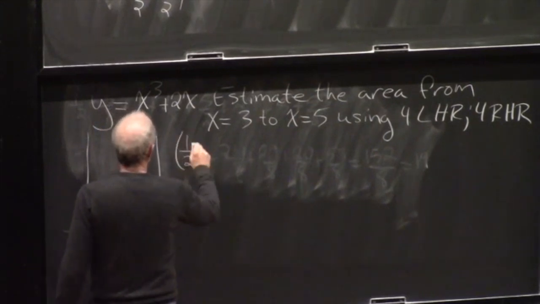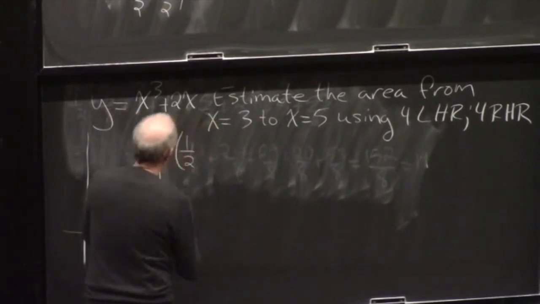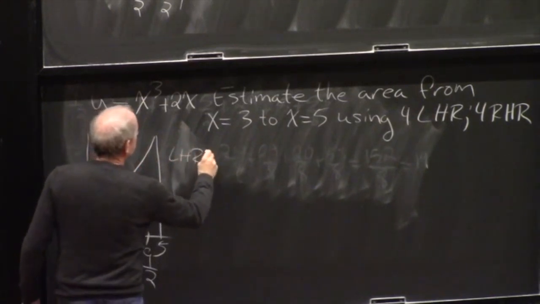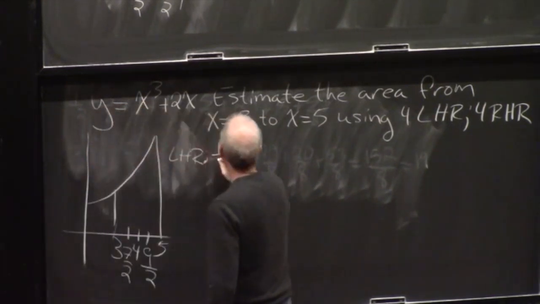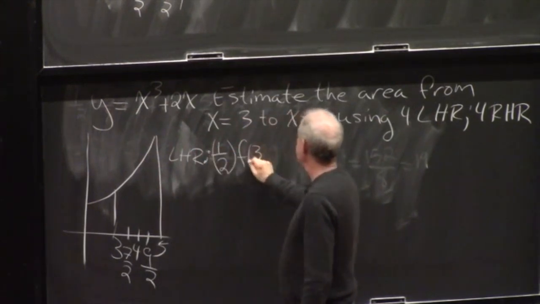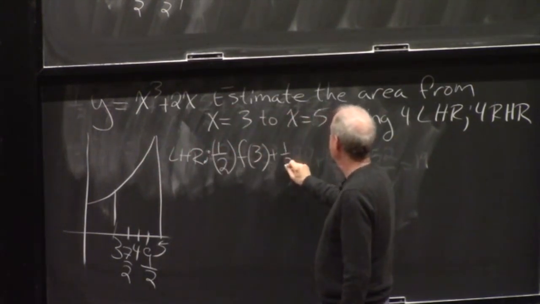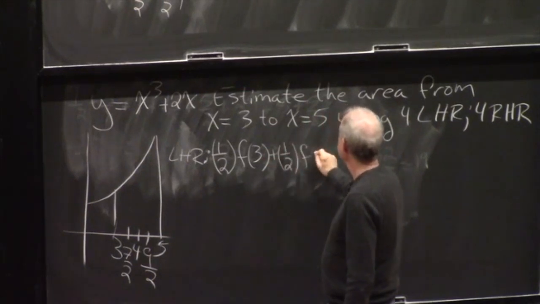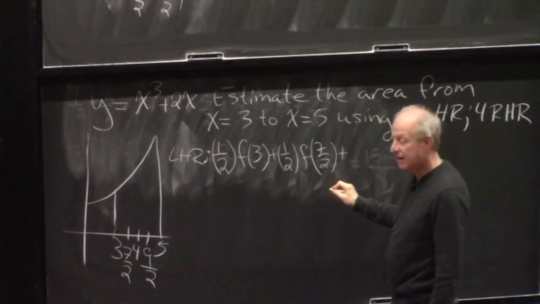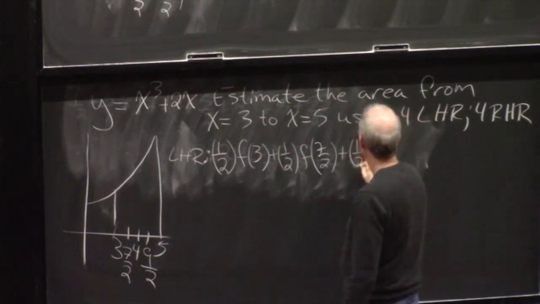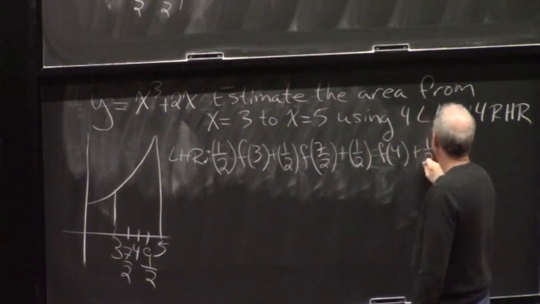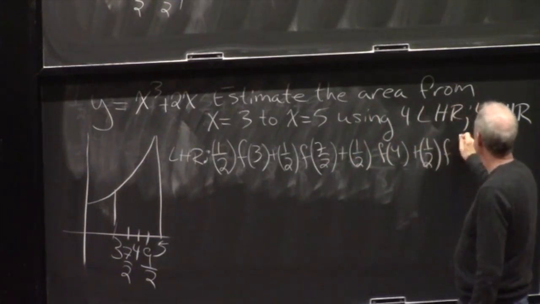So to do the left-hand rectangles, you have a width of a half times f of 3 plus a half f of 7/2 plus a half f of 4 plus a half f of 9/2.